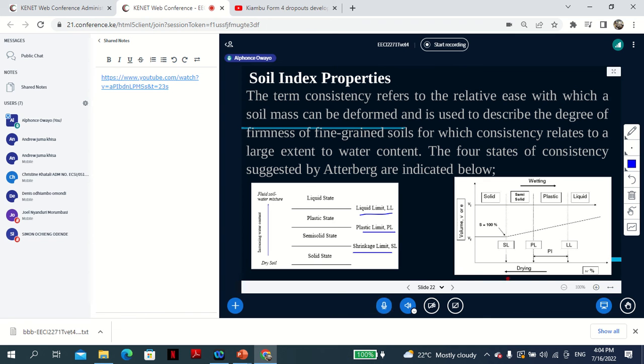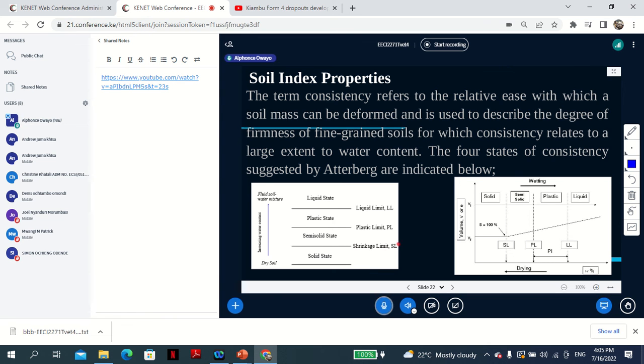All of these can be represented in a curve or a graph as shown. All these things are just described by the water content. As you would imagine, if you continue to pour water, these are not real values, these are arbitrary values.